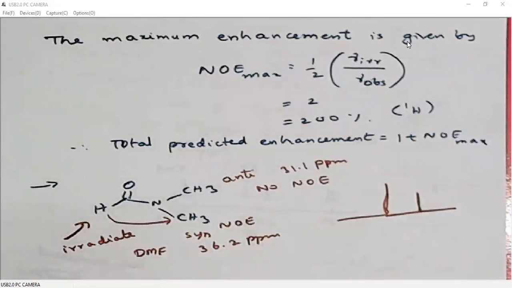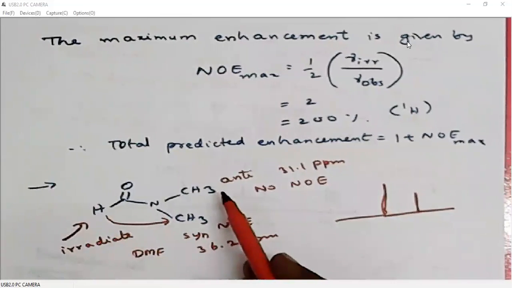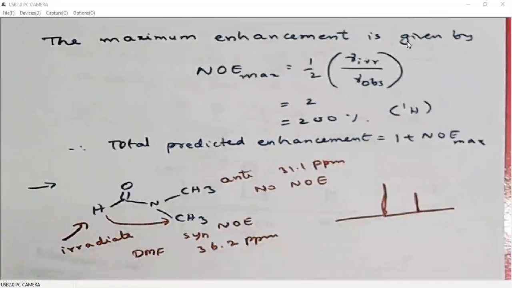So this is how we can identify the stereochemistry of the compounds. Not only this methyl, any groups which are syn to hydrogen, we will expect NOE enhancement. So anti groups, we don't expect any NOE enhancement.